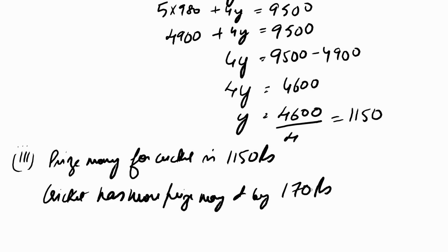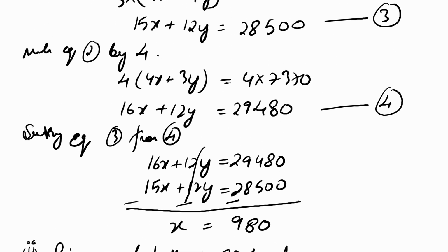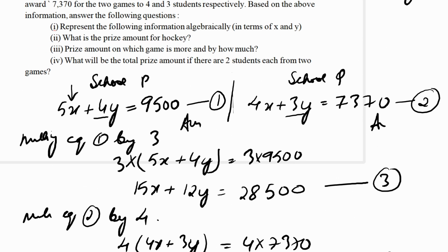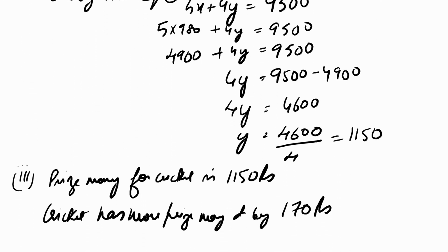Okay. Now what is the last part, the fourth part? What is the total prize money if there are two students each from two games? Now if we take two students from cricket and two students from hockey, how much money will we give?